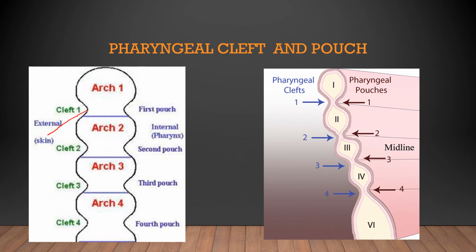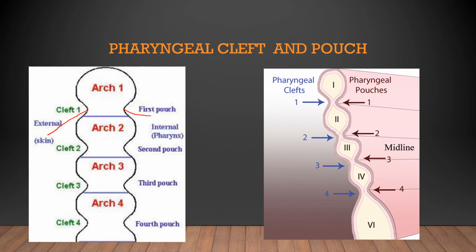The inner part is lined by endodermal layer, which forms the pouch. Like this we get the pharyngeal cleft and pharyngeal pouches. One thing to remember: the pharyngeal cleft is lined by the ectodermal layer and the pharyngeal pouch is lined by the endodermal layer.